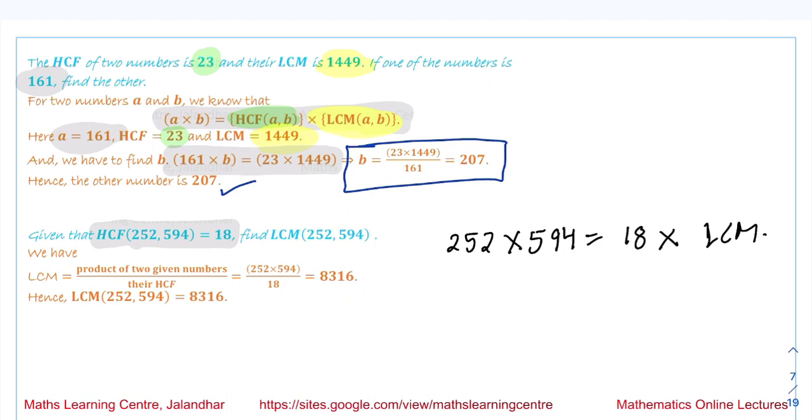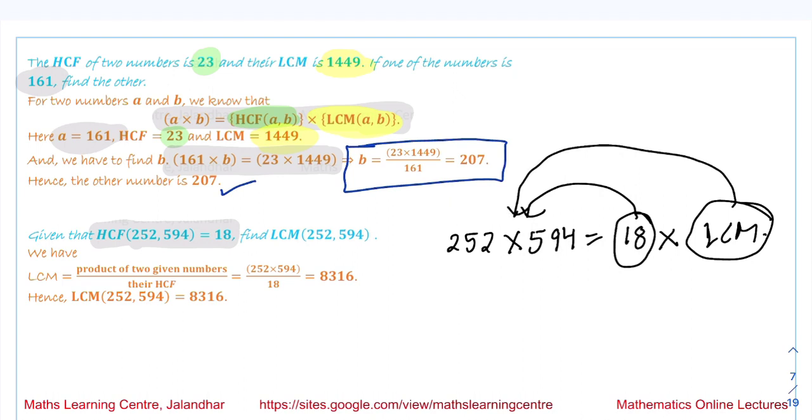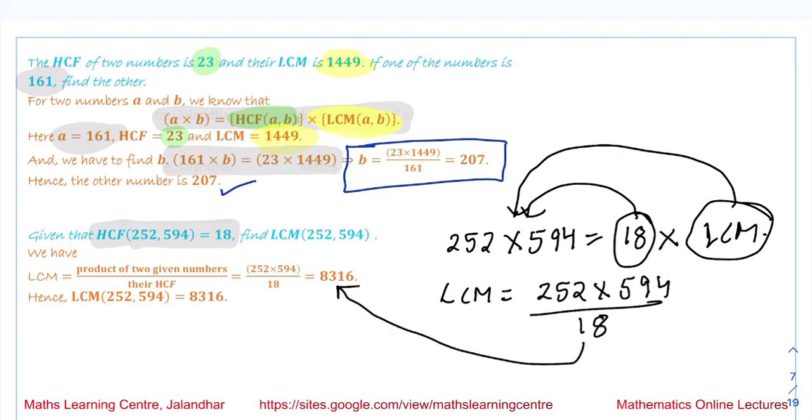One important thing to note over here is that HCF is always smaller than both these numbers and LCM is always greater than both these numbers. So what we get is that LCM is equal to 252 into 594 upon 18, and when you solve this value you will get 8316.